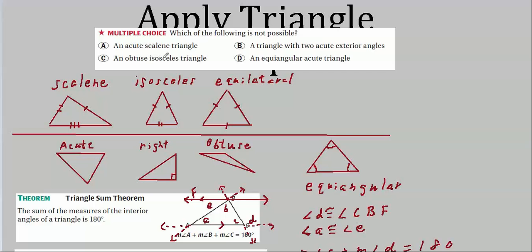What about, I'll try B, a triangle with 2 acute exterior angles. That sounds a little shaky. Let's check out the other 2 first and come back. An obtuse isosceles triangle.